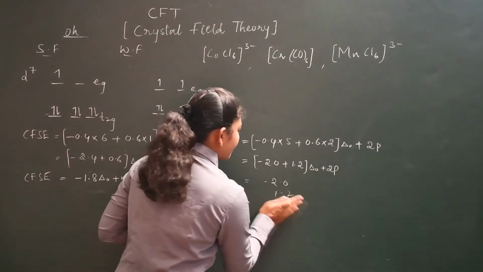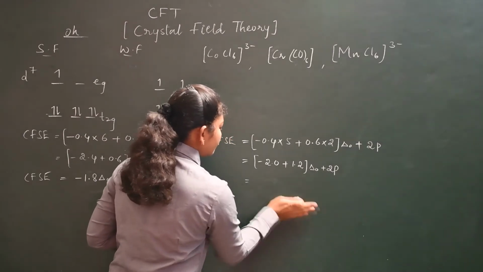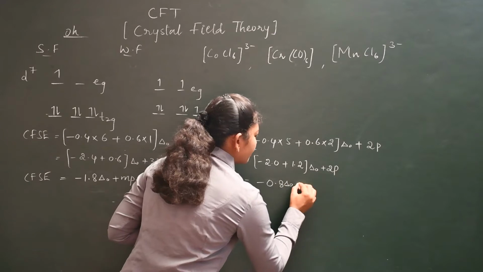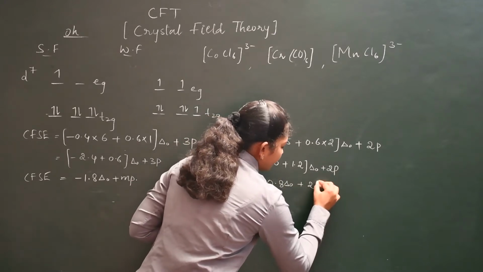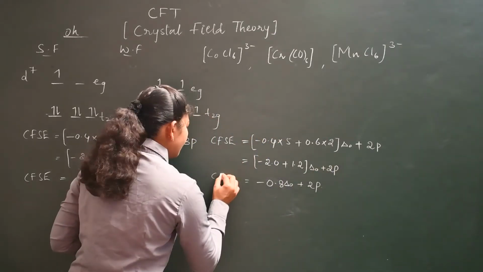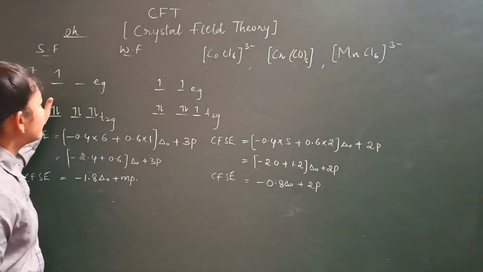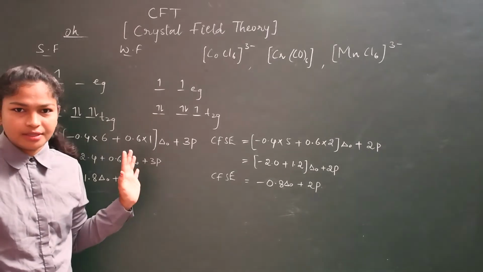So what we get here is minus 0.8 delta naught plus 2P. This is the CFSE for D7 system in weak field.